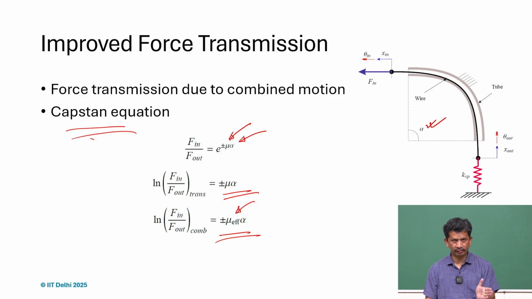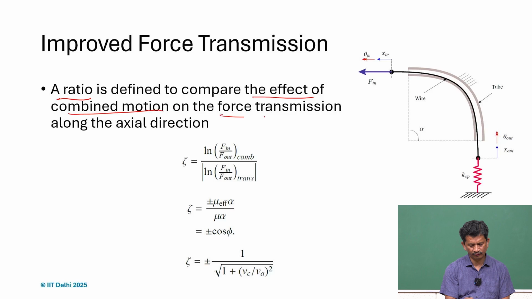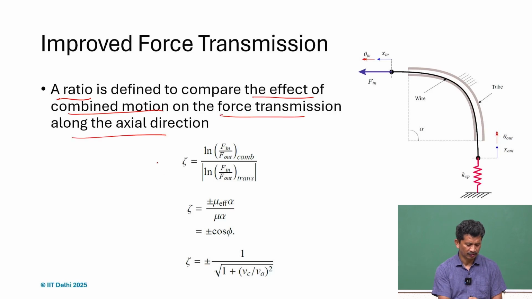So now the right hand term is very simple, and what we did is compare the two transmissibilities in a way. We defined a parameter, a ratio, to compare the effect of your combined motion on the force transmission along the axial direction, and this is how we define zeta: the log of the forces combined versus the log of the forces when there is a pure translatory motion.